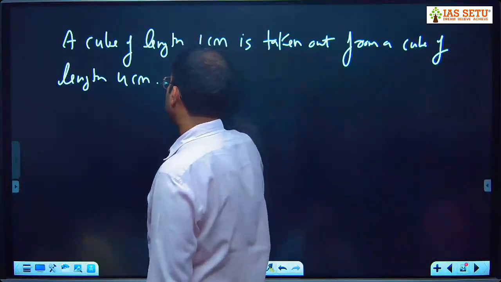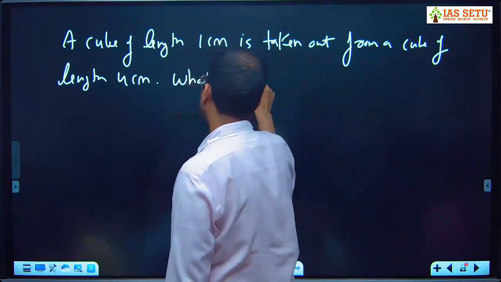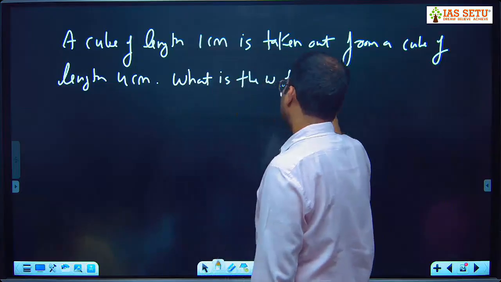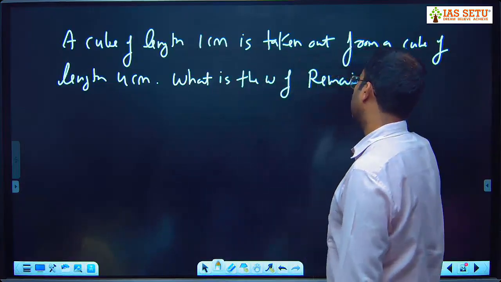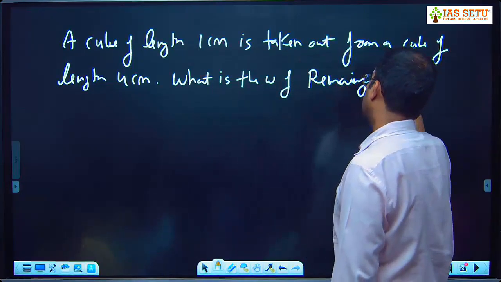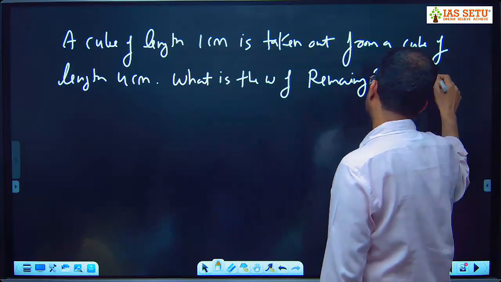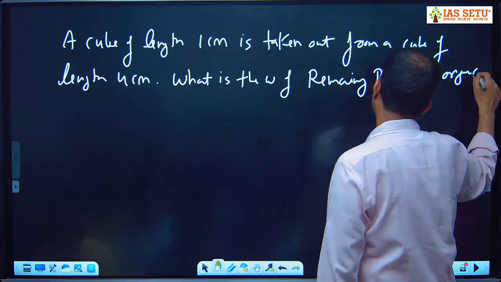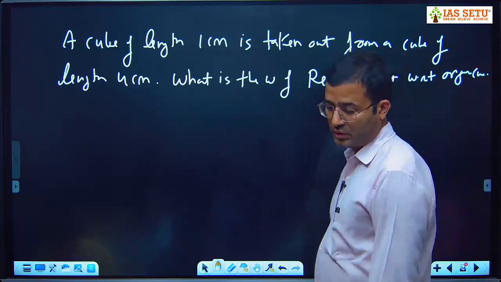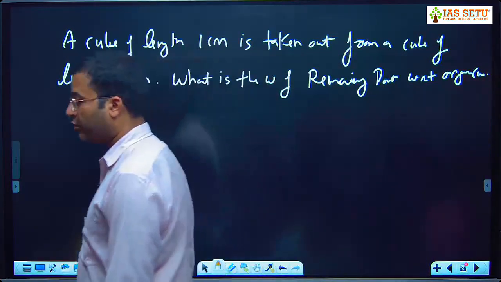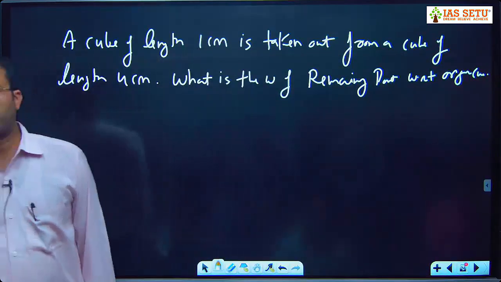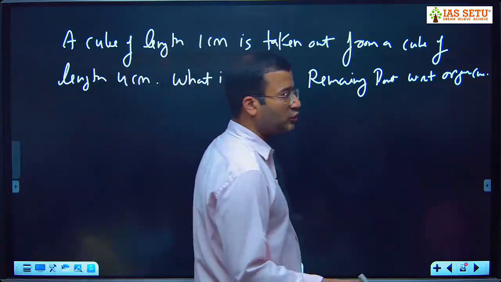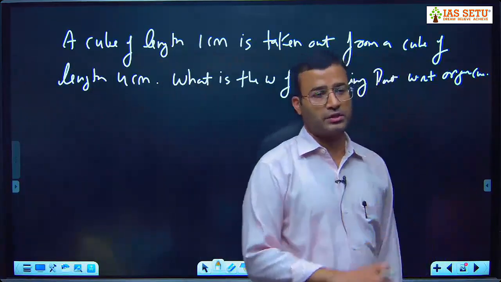What is the weight of remaining portion with respect to original cube? What is the weight of remaining portion with respect to original cube? Or what is the ratio of the remaining portion is to original cube?